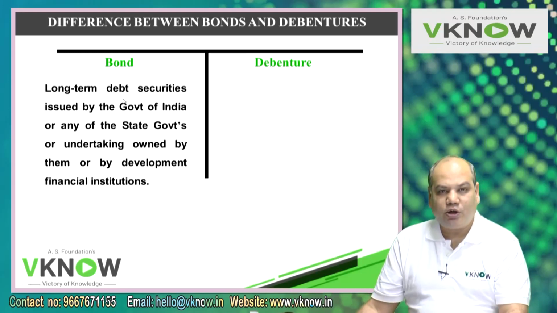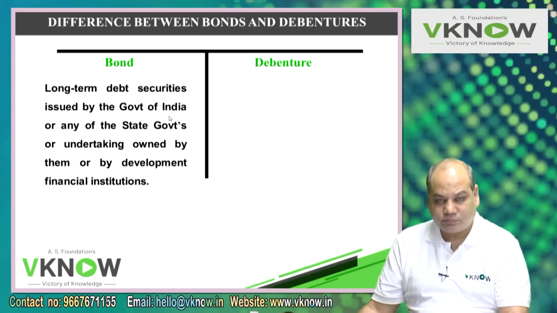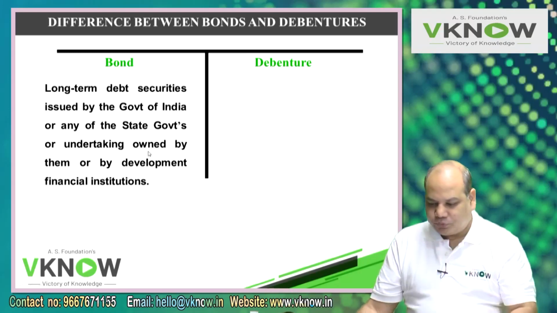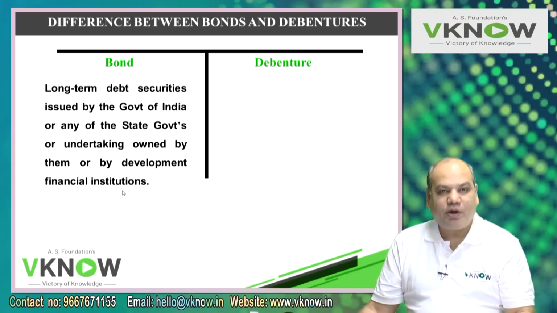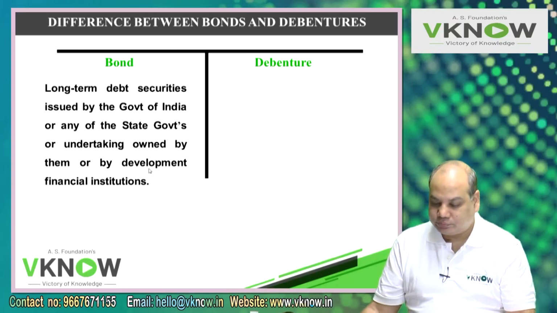Bonds are usually long-term securities issued by government. So it is basically related to government, because government promises that yes, we will pay your money. That government can be central government, state government, or any undertaking owned by them, or by the development financial institutions.